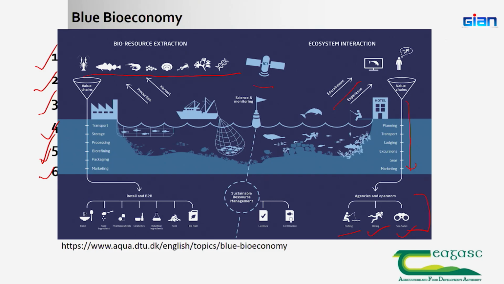The other one is how best we can manage those resources and retail business to business, that is food, then ingredients, pharmaceuticals, cosmeceuticals, industrial ingredients, feed and biofuel. I will give you two very good examples, which are the latest at the moment, both in the US and other places.